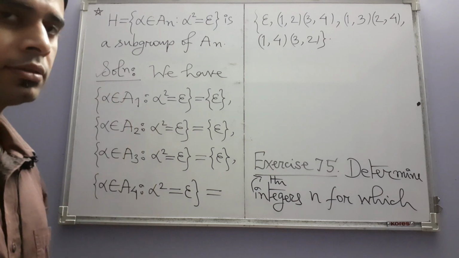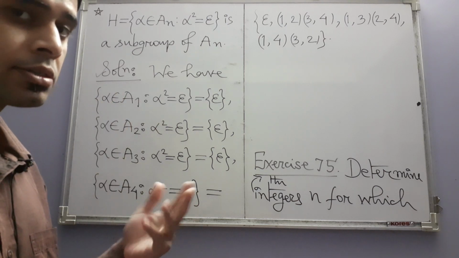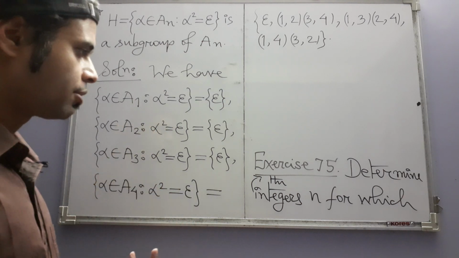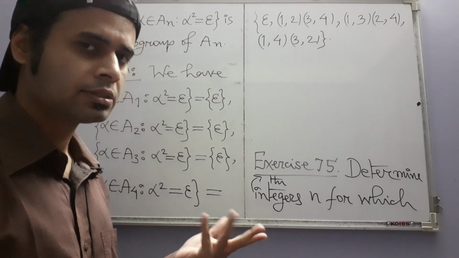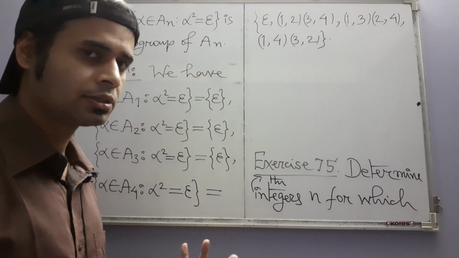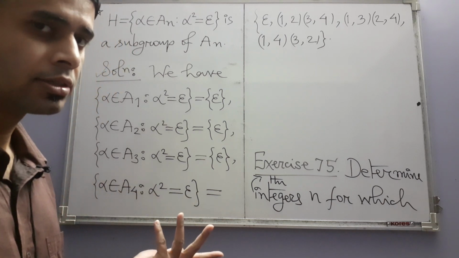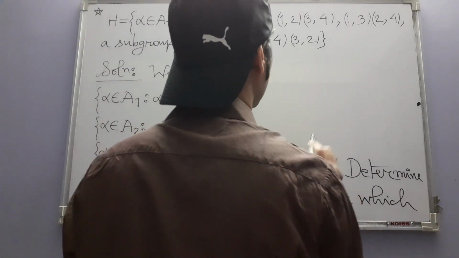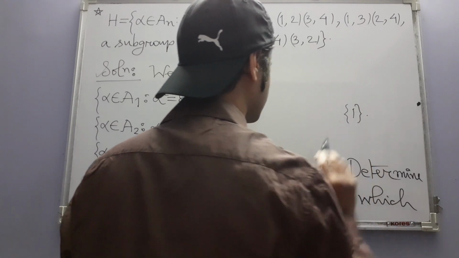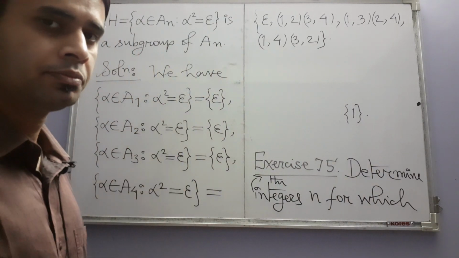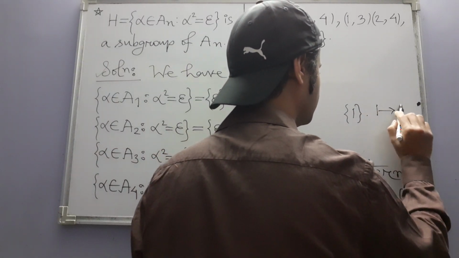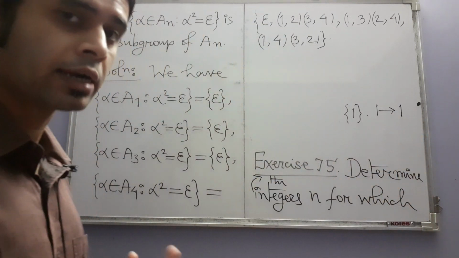What is A_1? We do not usually think of S_1 or A_1 because when n is 1 or 2, the symmetric group S_n is not really interesting. We only consider S_n from n equal to 3, but still S_1 and S_2 also exist. What is S_1? S_1 is the set of all permutations of the single symbol 1, and there is only one such permutation, which sends 1 to itself, because there is no other symbol at all.